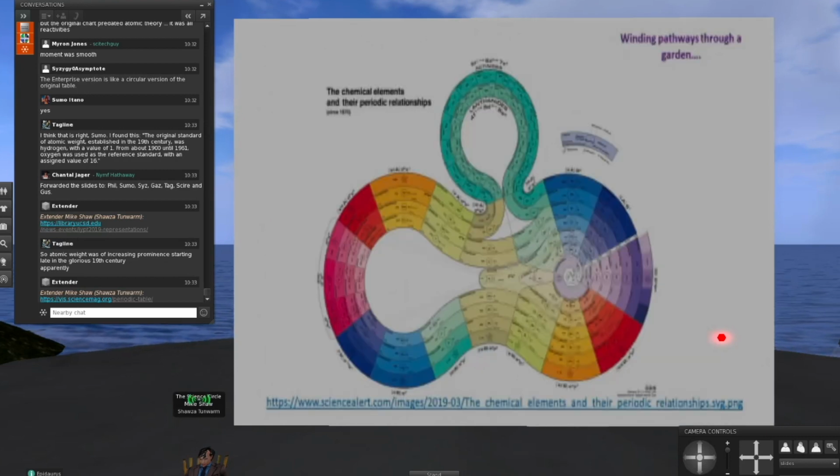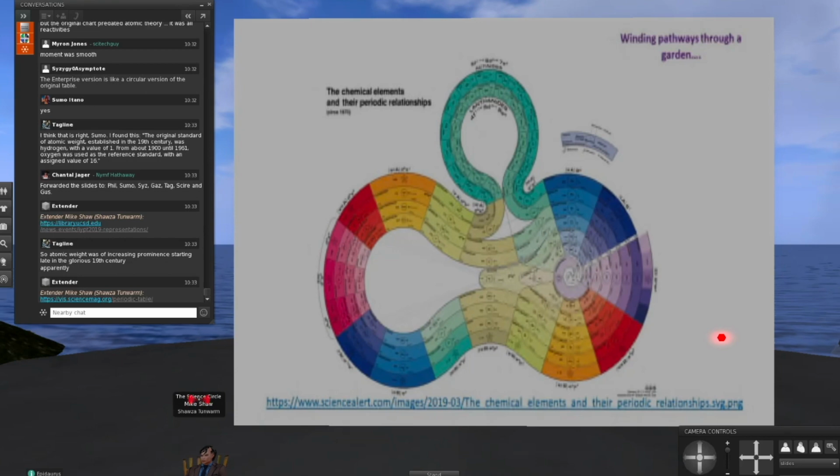All right, next slide here. Here's another version, and it keeps some of the chemical relationships between different elements in terms of the shading of the columns.